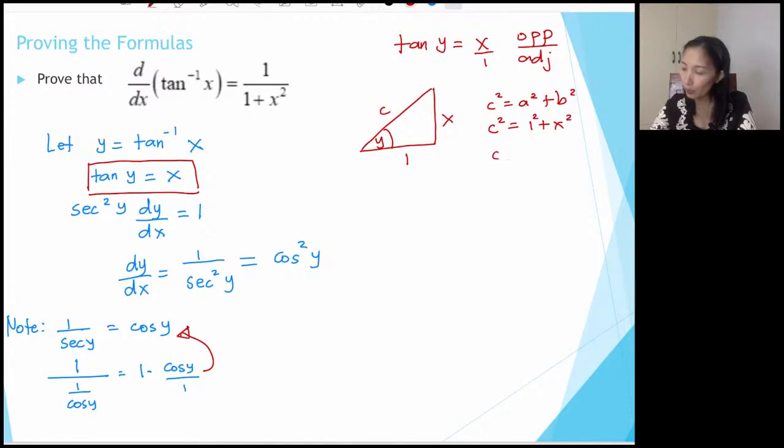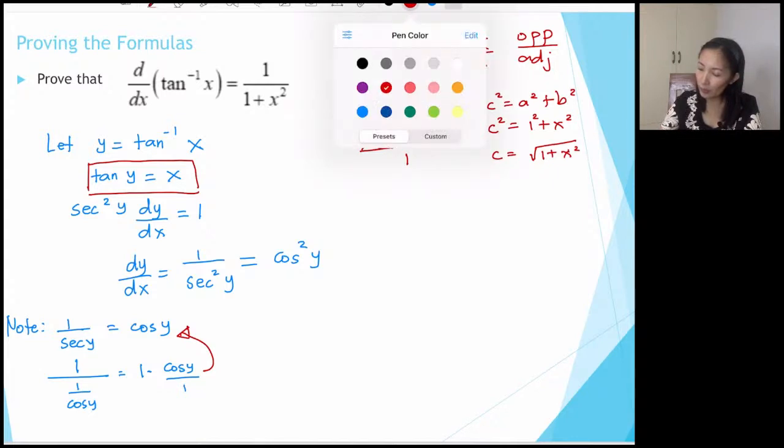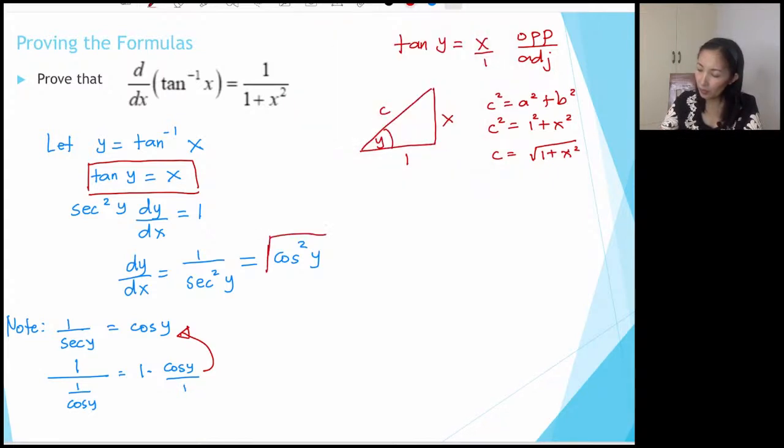So c is equal to the square root of 1 plus x squared. But what are we looking for? Cosine squared y. So from here, define your cosine. Cosine y is equal to adjacent 1 over the hypotenuse, the square root of 1 plus x squared.